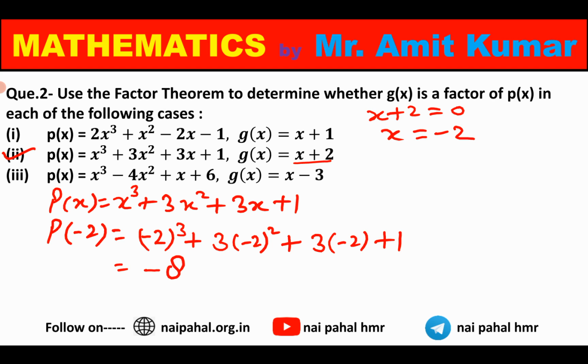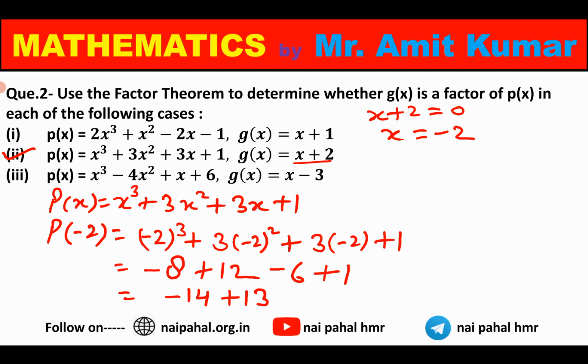In that case, the cube of minus 1 is always minus 1, minus 1 multiplied by 2 is minus 2, the square of minus 1 will be plus 1, and minus 2 multiplied by minus 1 will also be plus 2, and minus 1. Here you can see that minus 2 plus 2 cancels and minus 1 plus 1 cancels, so the remainder is 0.